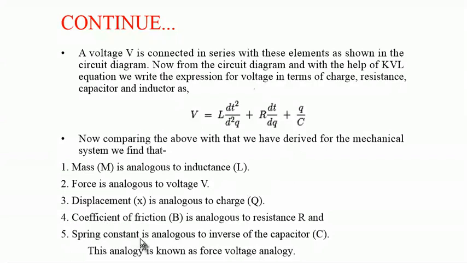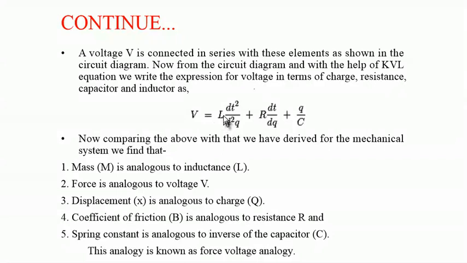The spring constant is analogous to the inverse of the capacitor. Spring constant K into x is there, here q by C is there, so K is nothing but the inverse of the capacitor. This is a comparison, and this analogy is known as the force voltage analogy.